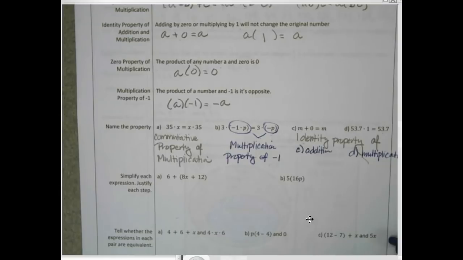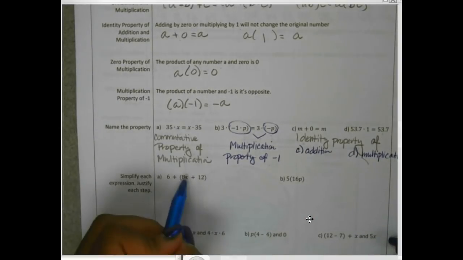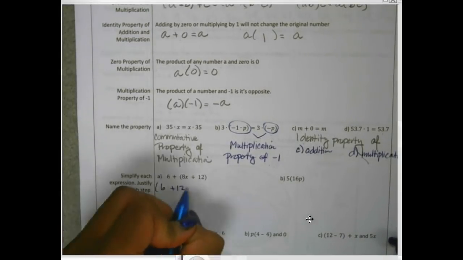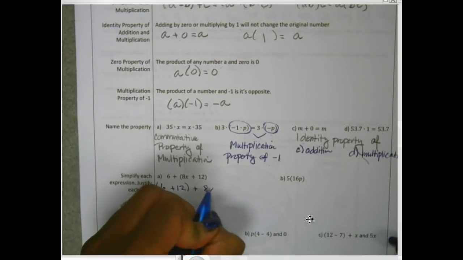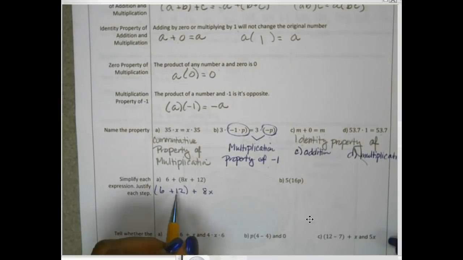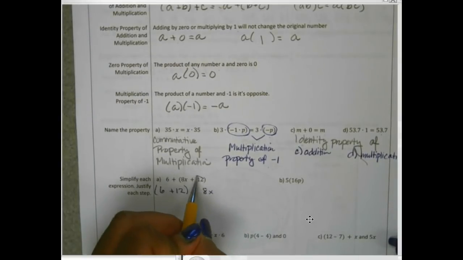Okay, my next step, beautiful people, is to simplify each expression and justify each step. So I want to simplify. These are grouped together, but I cannot combine them because this has an x and this one does not. So I do want to add 6 and 12 together, and I'll deal with that 8x later on. 6 and 12, well, what did I do? How is that legal? Well, basically, I just moved this over here.